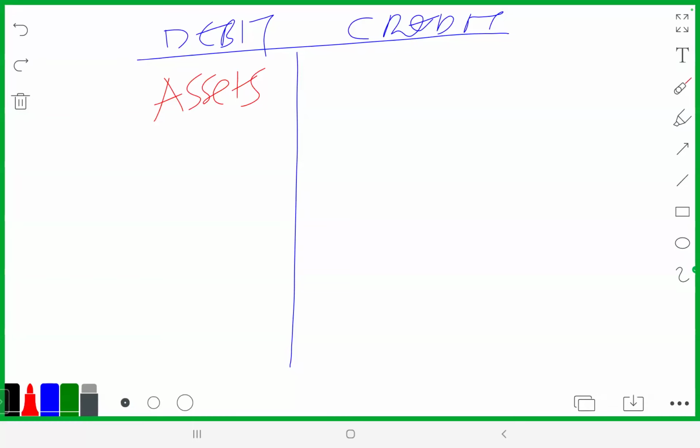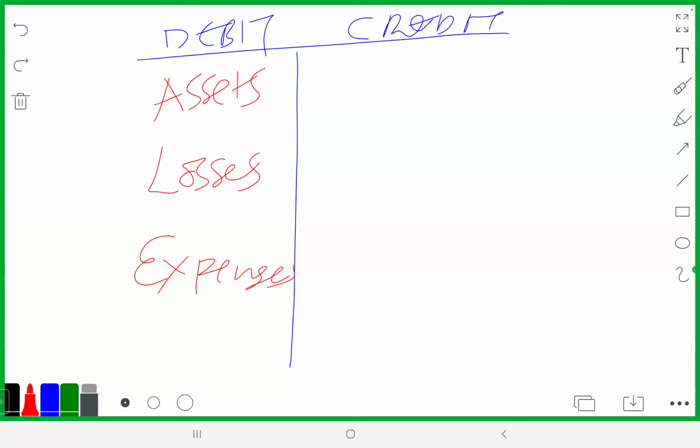You debit all the losses. Okay? You debit all the expenses. Is that clear? This is on the trial balance.